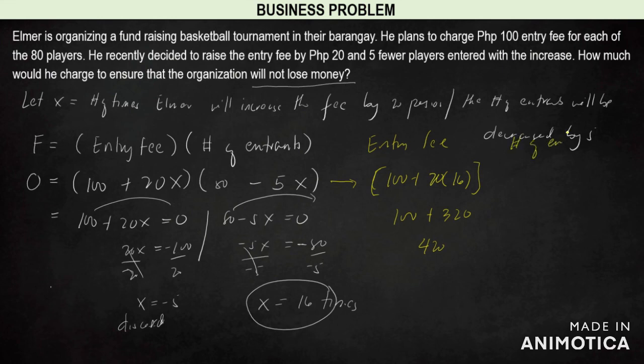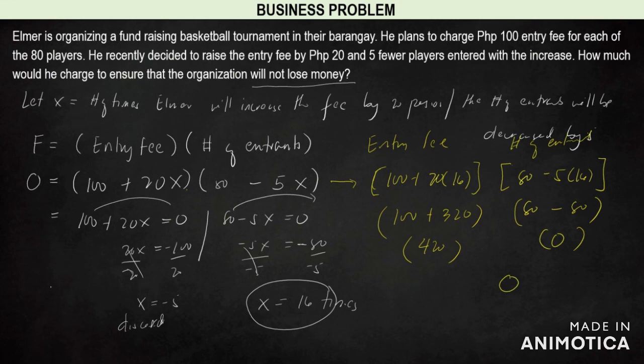Number of entrants: we have 80 minus 5 times 16, which is 80 minus 80, so 0. You see that it is 0, no one will register if Elmer charges 420.